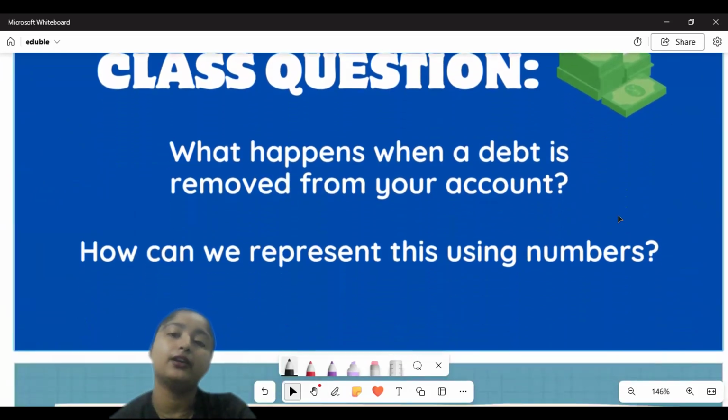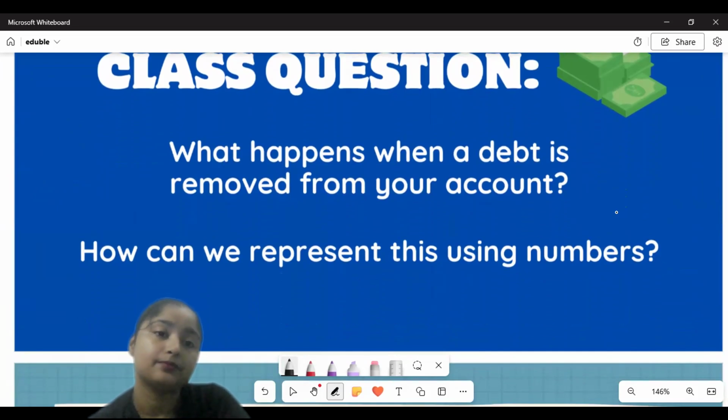So, for example, let's say person A owes 1,000 rupees to person B. Okay, and it has already been paid, right? It has been removed. It has been paid. So, like your account, it has been already paid.